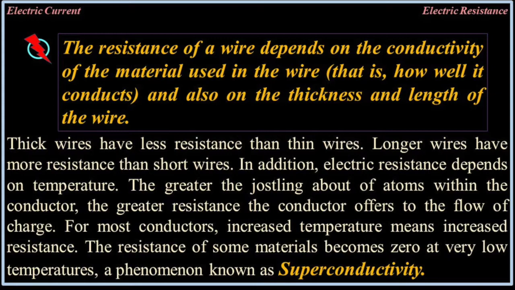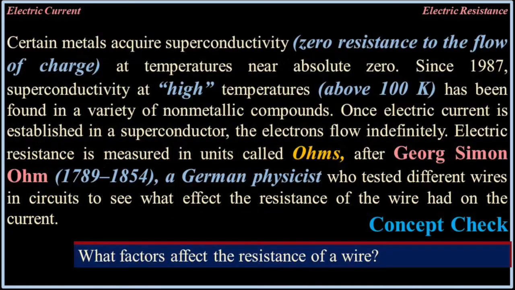The greater the jostling about of the atoms within the conductor, the greater resistance the conductor offers to the flow of charge. For most conductors, increased temperature means increased resistance. The resistance of some materials becomes zero at very low temperatures, a phenomenon known as superconductivity.